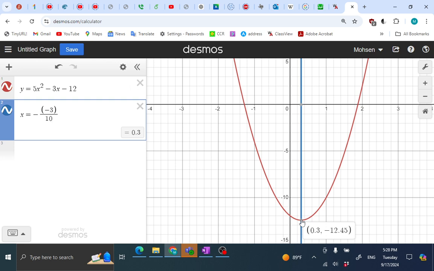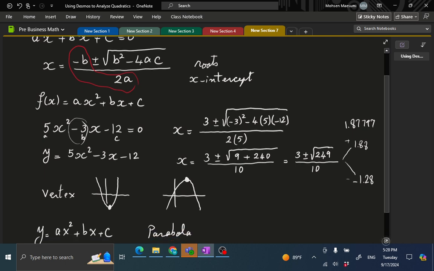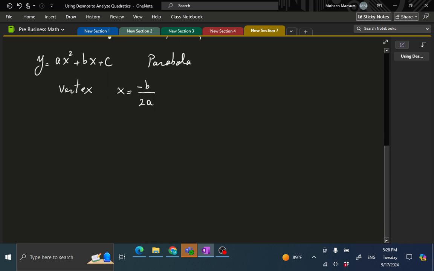And the height of it, you can take the x and plug it into the equation, and then that gives you your y. So if I take these two roots, average them, add them, divide by 2, what I get is x equal to minus b over 2a.